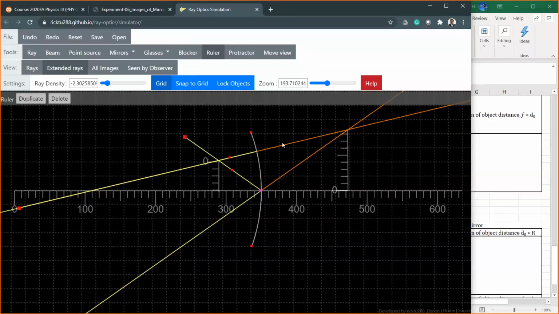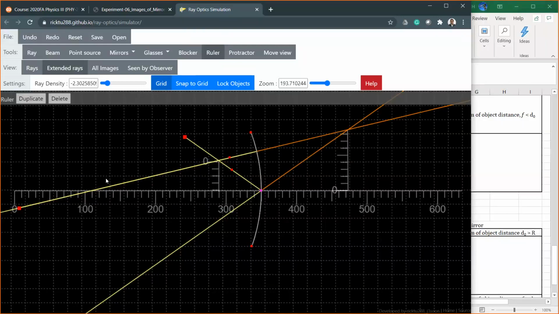So all these orange color lines now are extended rays, and all the yellow color lines are the real rays. Now we are using four different specific rays. Earlier we used one parallel ray and one ray passing through the focal point. Those are the two standard rays we used earlier when the object location is further away from the focal point.